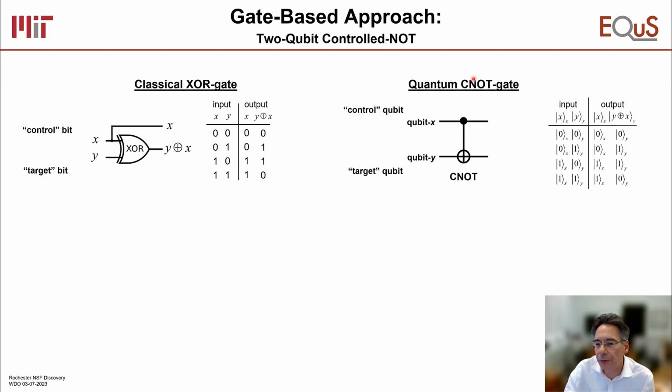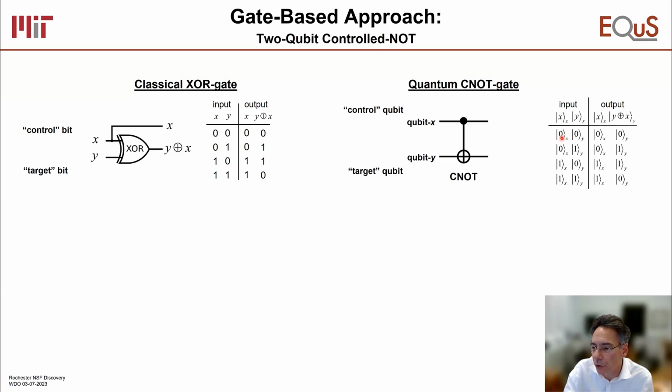It's the same story with the quantum C-NOT gate, only we're using qubits now, X and Y. One is a control qubit, one is a target qubit, and this is the symbol for the controlled NOT. So it's a controlled NOT, target qubit. The dot here means the control qubit. And the truth table looks similar, just with quantum notation.